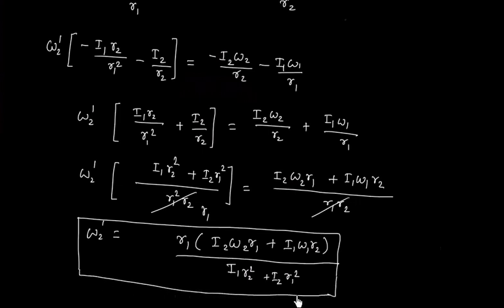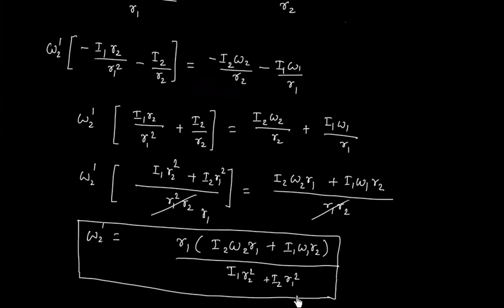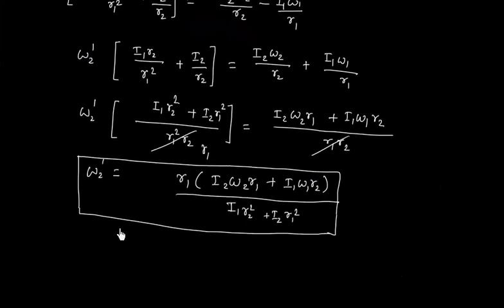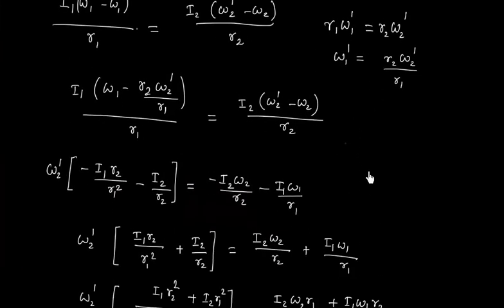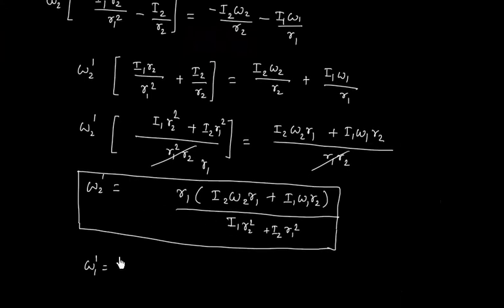This is the value of omega 2 dash. Omega 1 dash will be, so we have R2 by R1 into omega 2 dash.